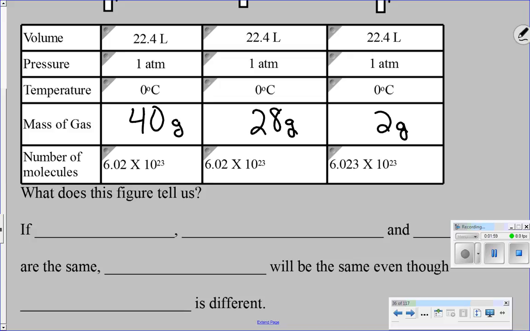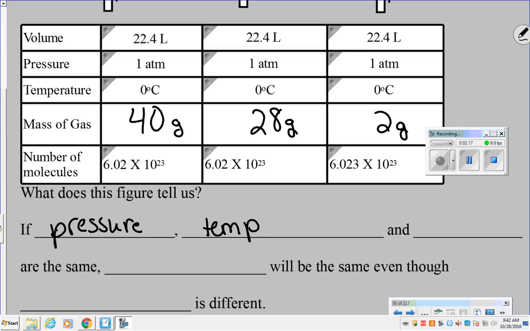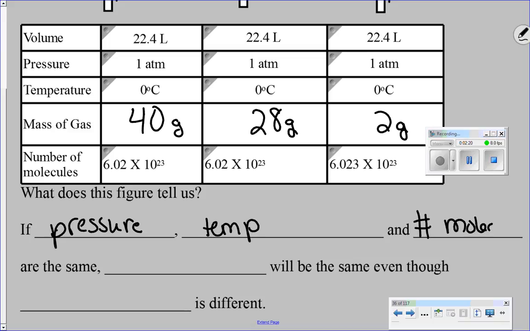So what this tells us is if we have the same pressure, temperature, and number of molecules, or number of moles, the amount of space that those samples will take up, or the volume those samples will occupy, will be the same, even though mass and individual particle size is different.